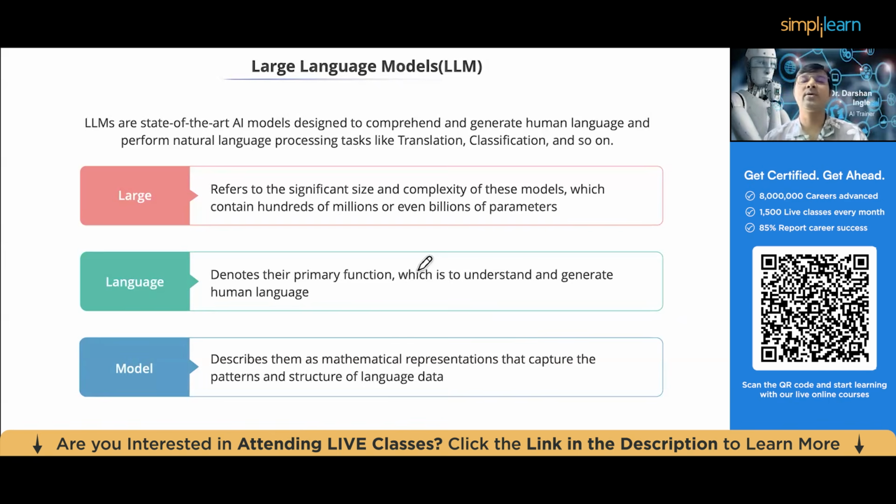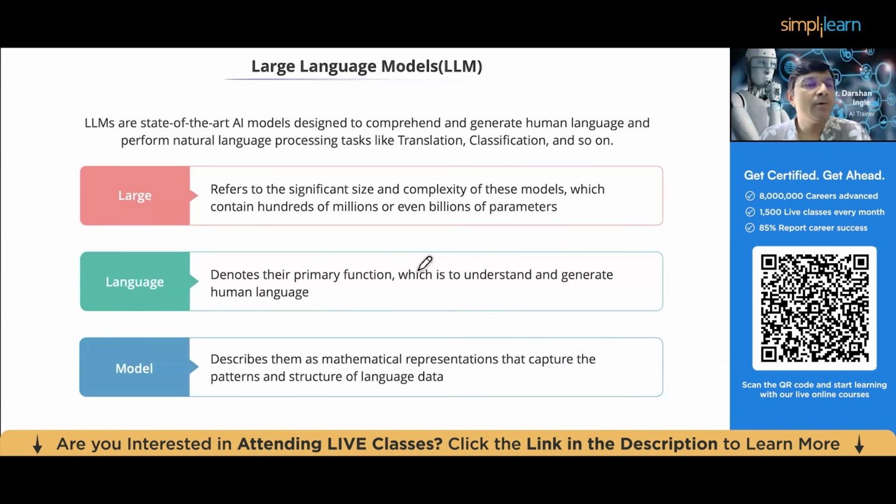Whenever you talk of language, it is the core capability for it to understand and generate human language. And when you talk about model, there are mathematical constructs which are trained to represent patterns, grammar, and the meaning of the embedded text data.